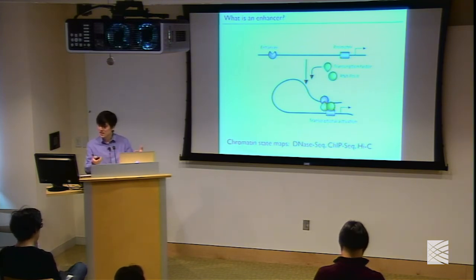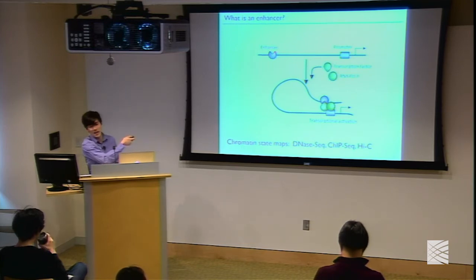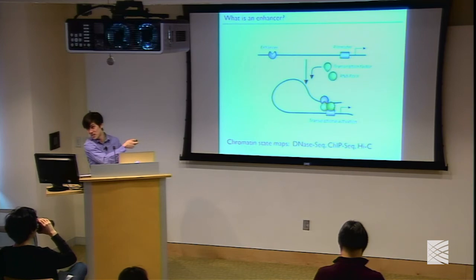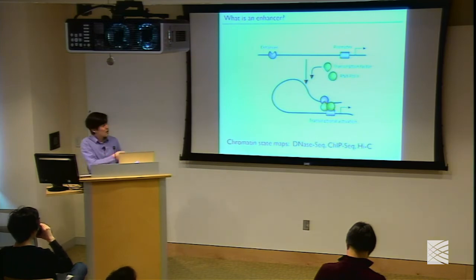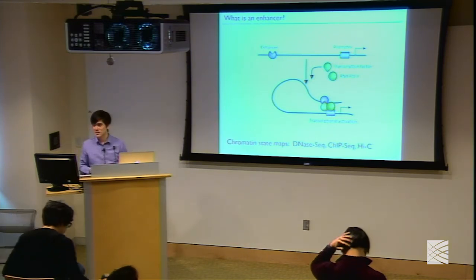Another unclear thing is whether there are specific combinations of transcription factors that sit at enhancers and allow them to talk to specific genes. That's unknown, and those are critical things to predicting which enhancers regulate which genes. But overall, this model is pretty well accepted and pretty well supported.